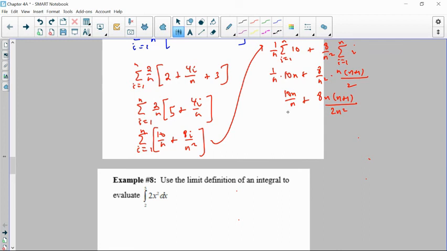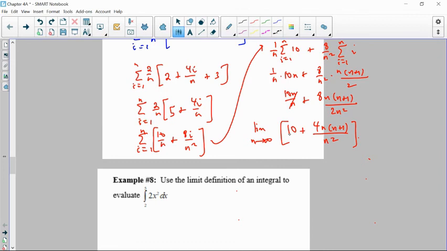I know those cancel, right? So then I get 10 plus 4 times n times n plus 1 over n squared. But remember, n represented how many rectangles, and how many do we want? An infinite number of them. So we let n go to infinity.